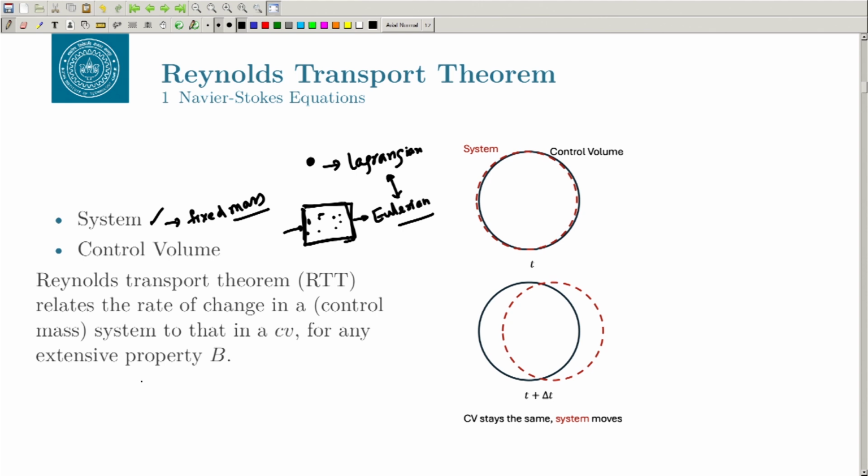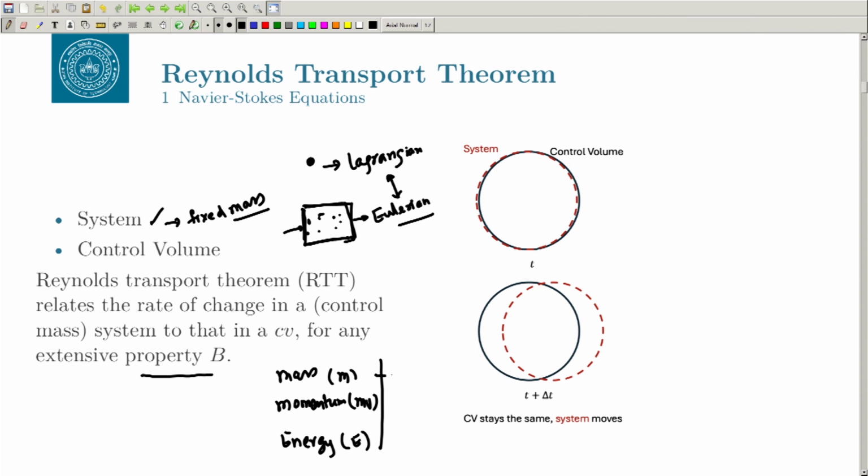So, extensive properties are something which are dependent on mass. It can be mass itself, or you can have momentum, angular momentum, linear momentum, you can have energy. If I write it, this is m, this is mv, and this I can call E. And then there will be a corresponding intensive property to that, that will be per unit mass.